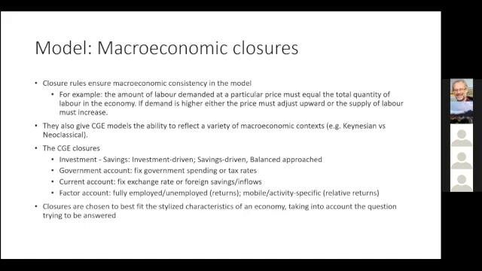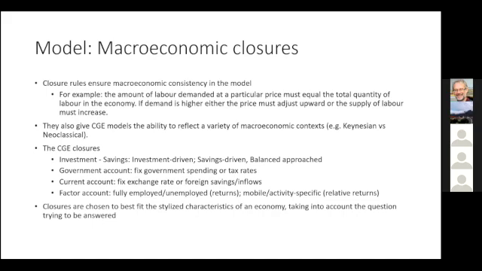absorption. On the government account, you can have government spending being fixed, in which case tax rates adjust, or you can have government spending being flexible and you keep your tax rates fixed. On the current account, there's the option to have a fixed exchange rate or to have fixed foreign savings.